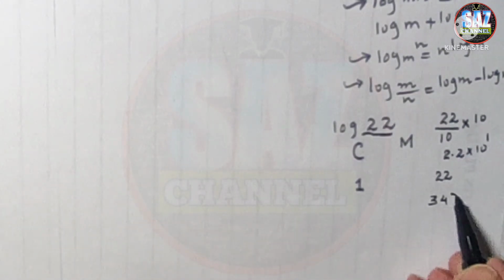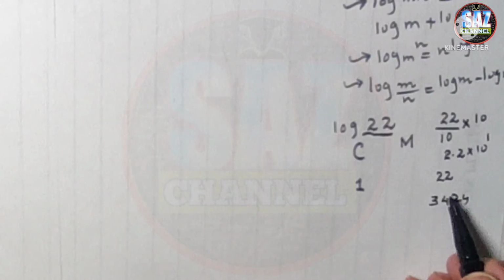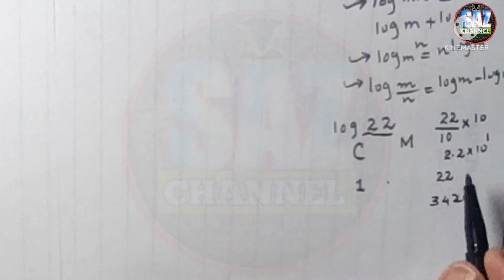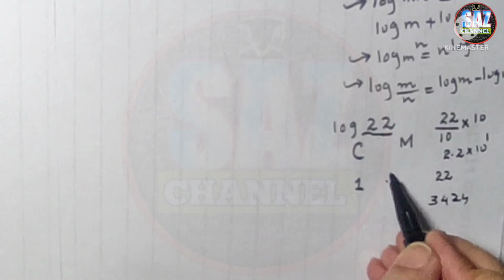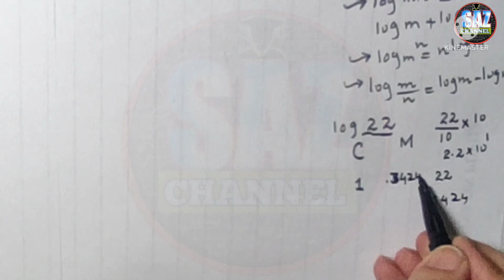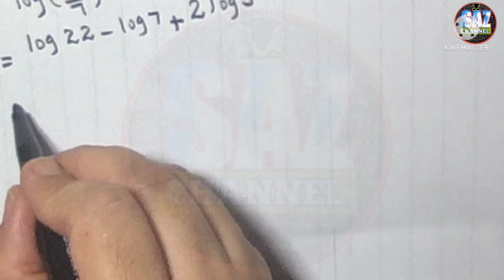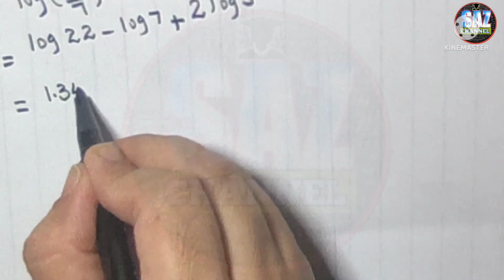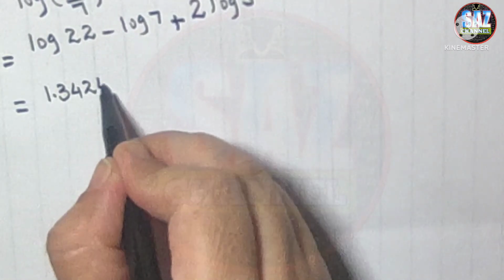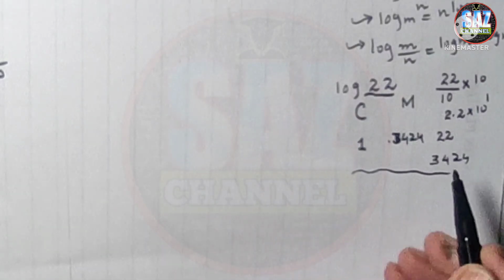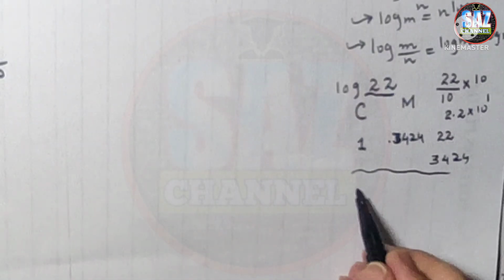And as we know the mantissa of any number is a decimal and always positive, so this will become 0.3424. So the log of 22 will become 1.3424.